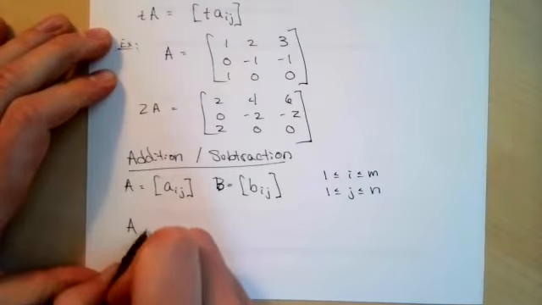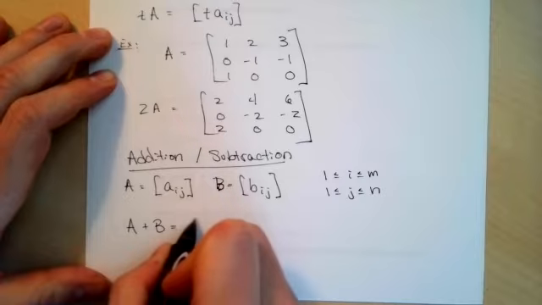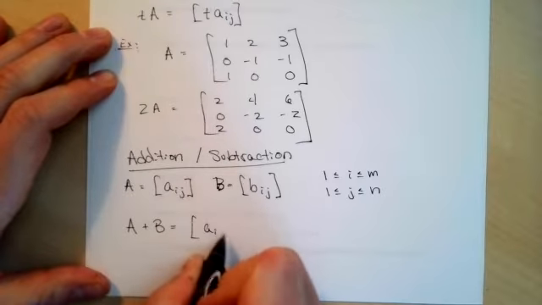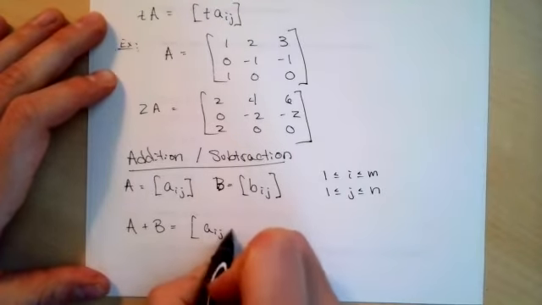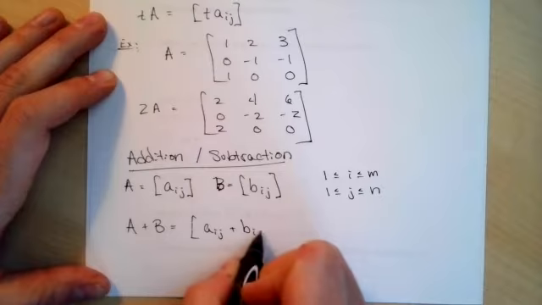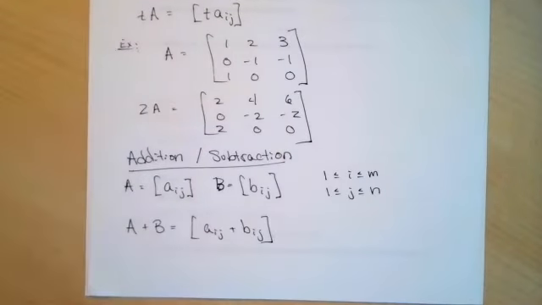And then if we want to add two matrices, we just add term by term in the corresponding positions.